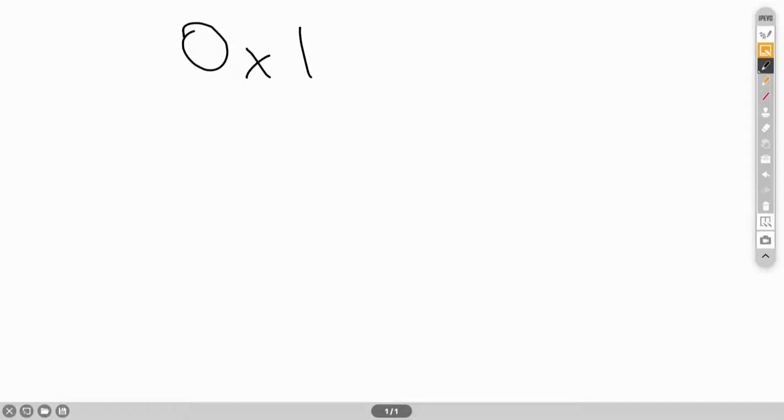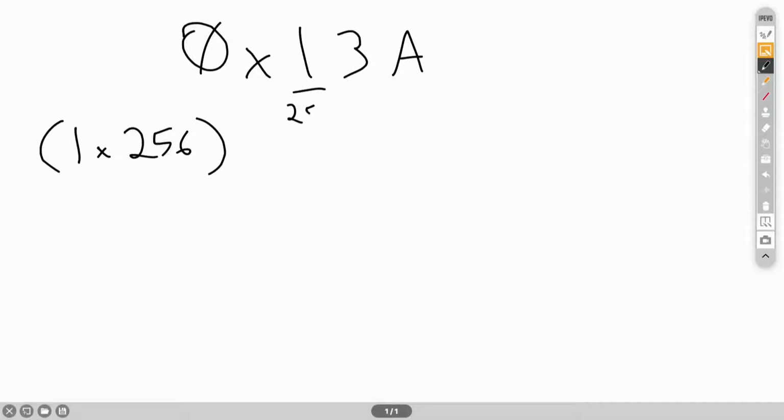0x13a. What's that? Pause the video for a moment, figure it out, and then press play. Okay, so in this one, we have 1 times 256, because at the third bit position, this is the 256s, plus 3 times 16.